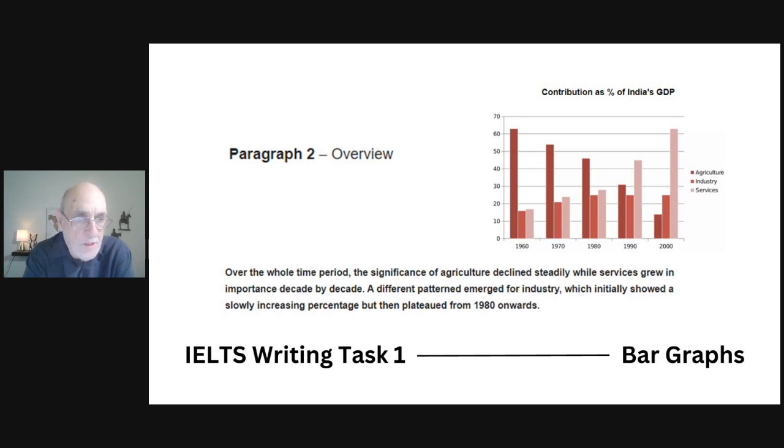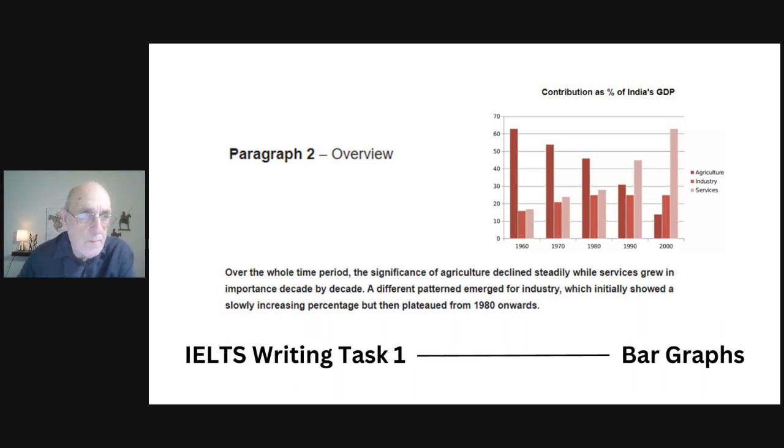And then we mention the agriculture sector, we mention the services sector, and the industry sector. Those three main features, but we put it all into one or two sentences to just give an overview of the entire graph before we go into the details in our next two paragraphs.